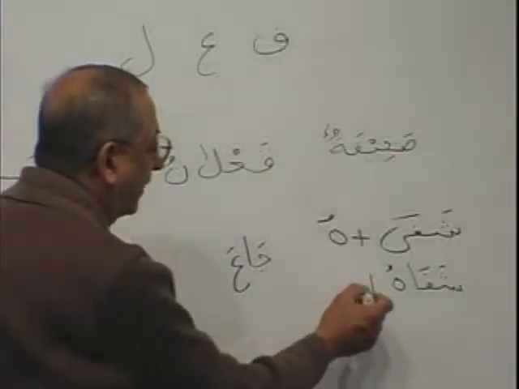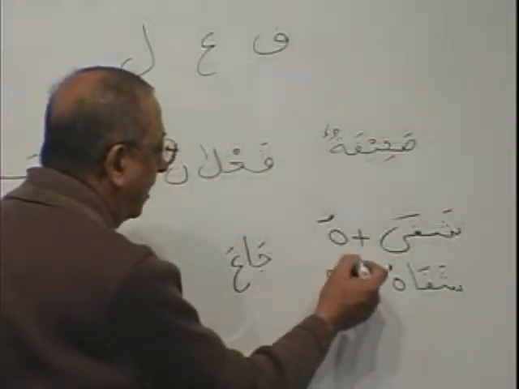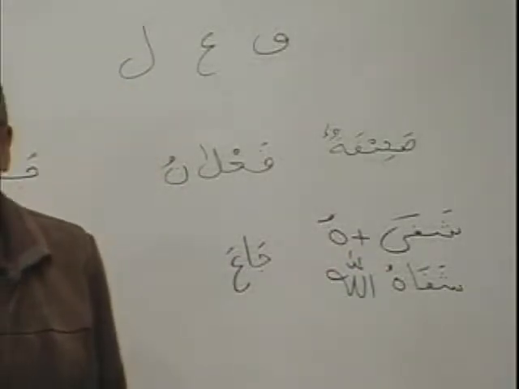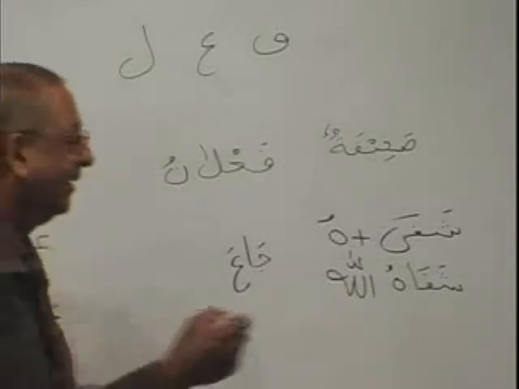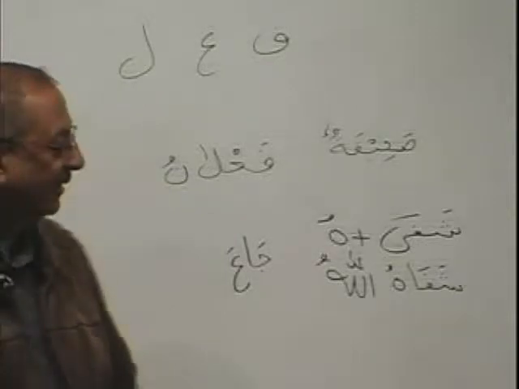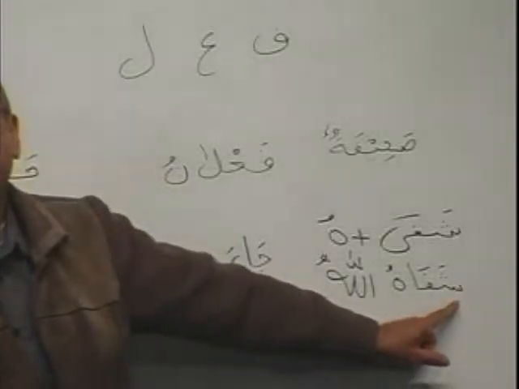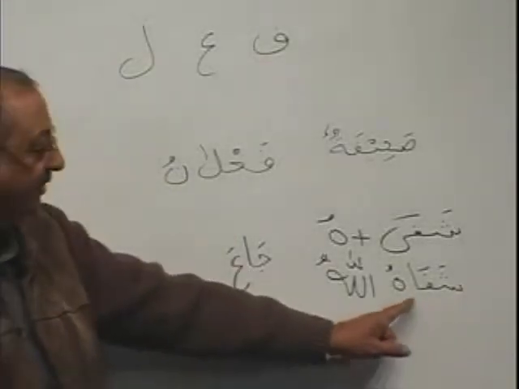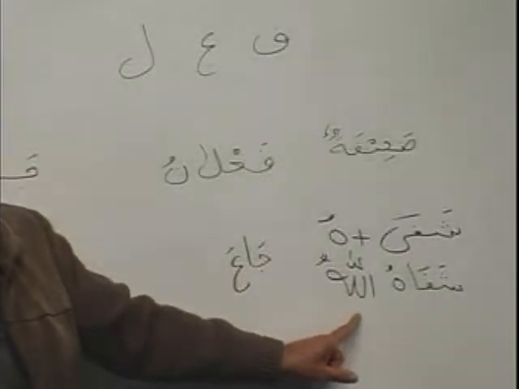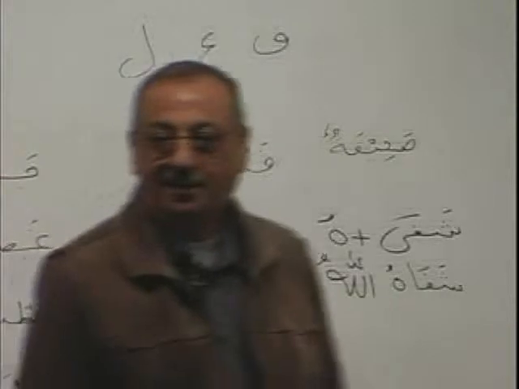Here now I am putting shafahallah. Who is the fa'il? Fa'il, marfu'. So now where is the verb? Shafa. And what is this? Maf'ulun bihi. And what is this? Fa'il. It is fa'il. Inshallah, you will remember.